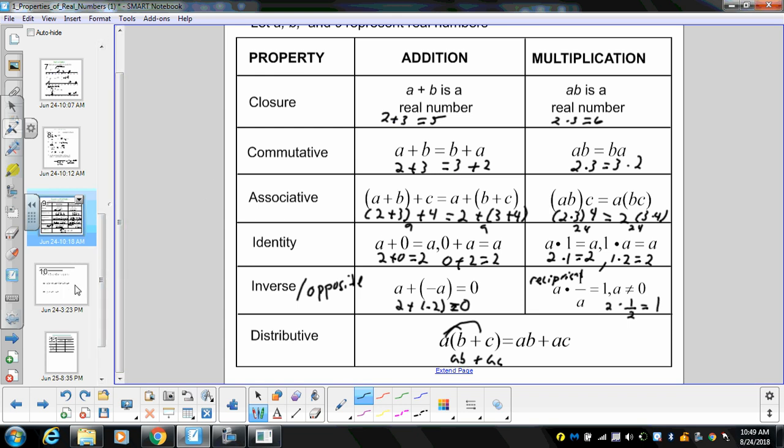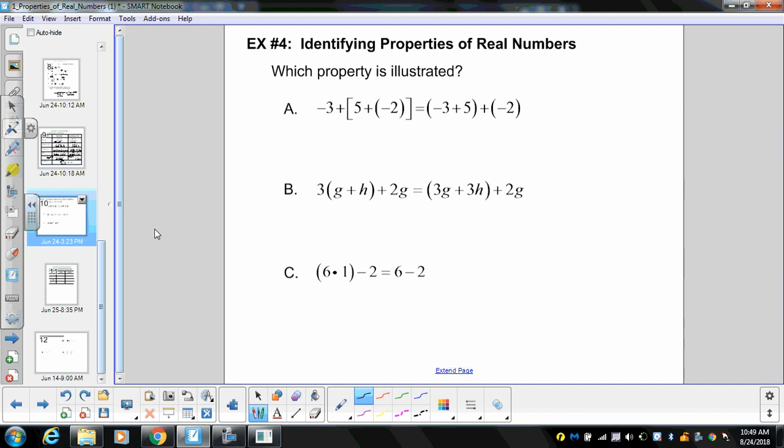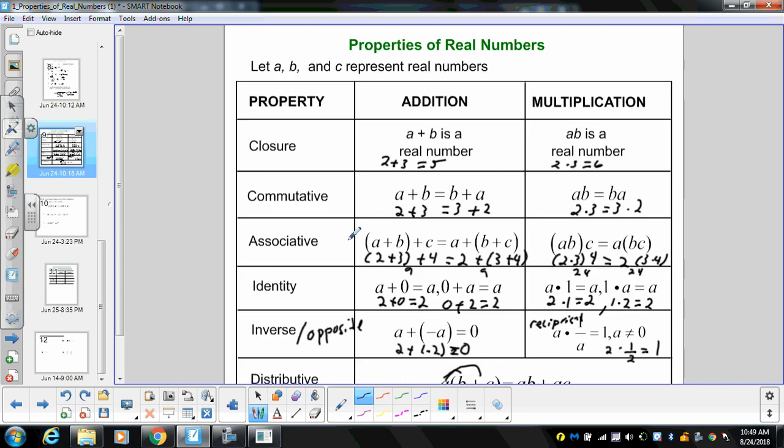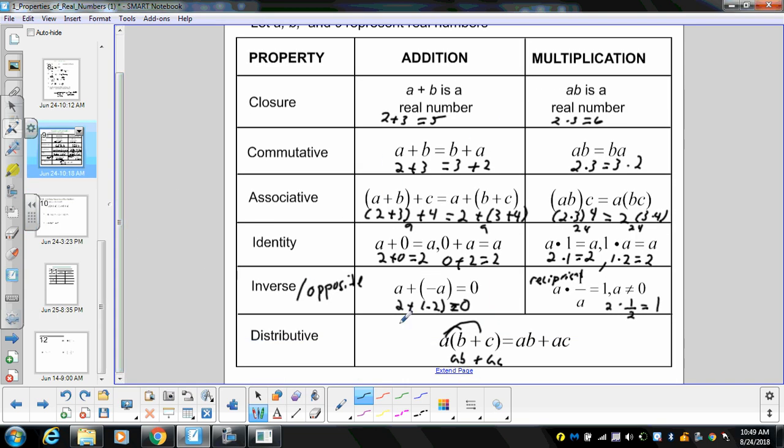All right, so using that, let's look at example 4 here. Identifying properties of real numbers. Which properties is illustrate. So we don't have to solve anything, but just looking at the notes you just saw, or have on your notes right now, which property is this? So think. We have parentheses, so it can either be associative or distributive.